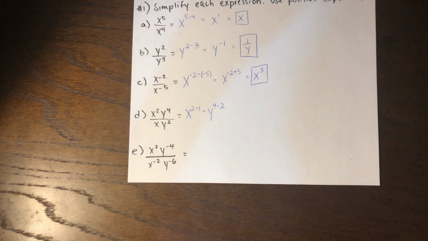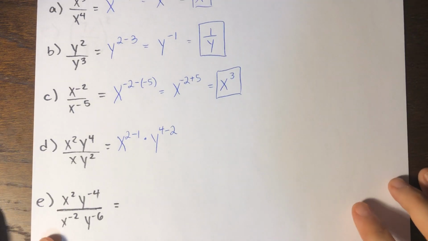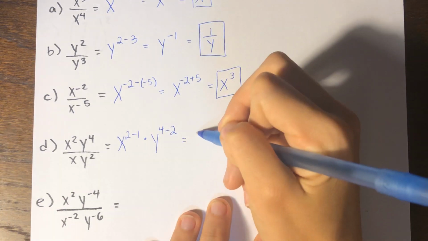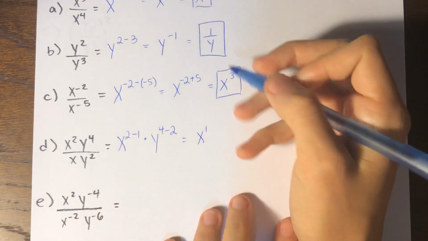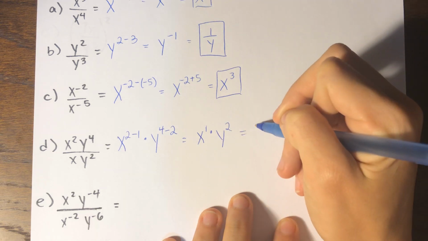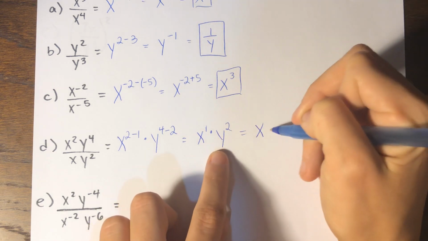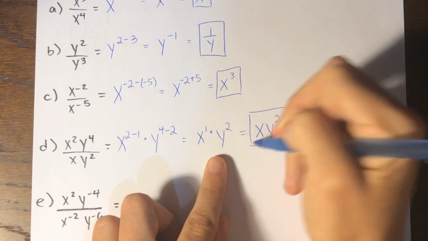Okay, I can zoom in just a tad for you guys. Okay, now we're just simplifying. So I have x to the first power, 2 minus 1 is 1, and 4 minus 2 gives y to the second. x to the first power is just x, and y to the second. So I have xy squared.